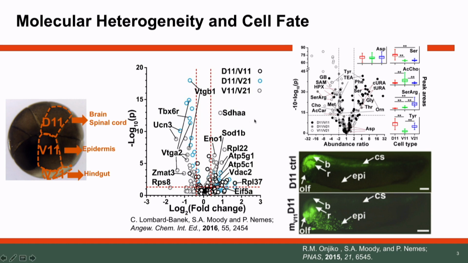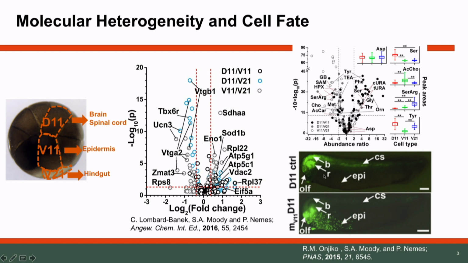Moreover, we showed that molecular heterogeneity also exists at the metabolome level, and that the differences that we saw are also functional. When we injected some of the metabolite enriched in, for example, the cell that gives rise to epidermis into a cell that is supposed to give rise to the brain, what we found is that it now gives rise to the epidermis. So that was very interesting.